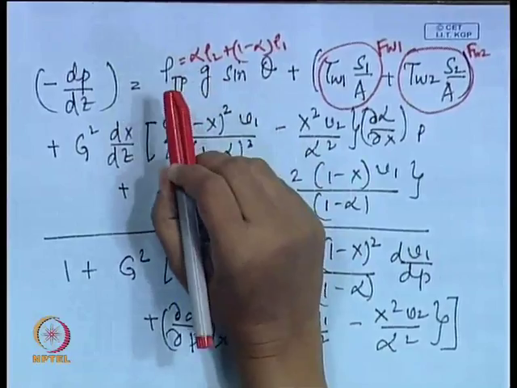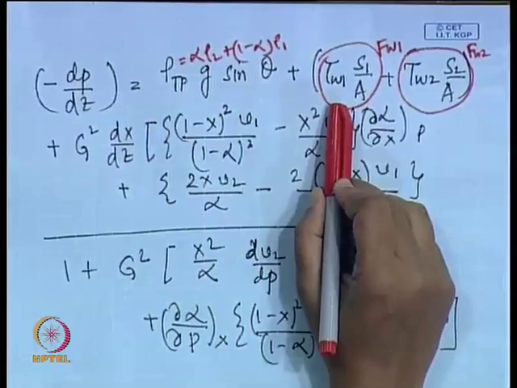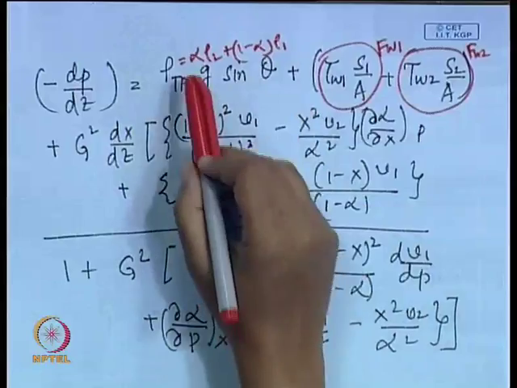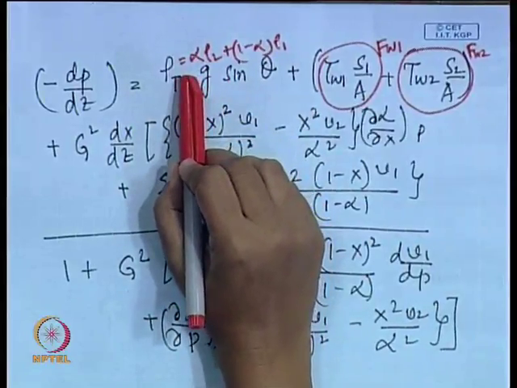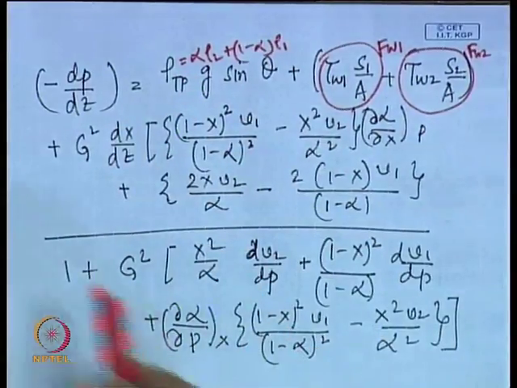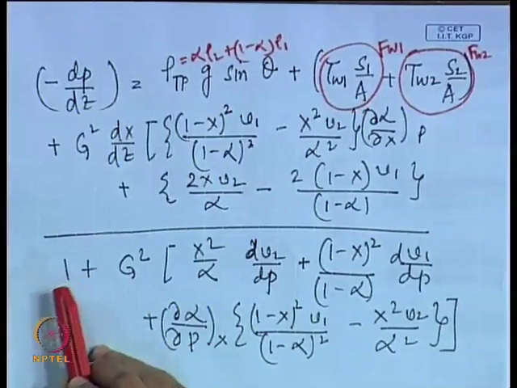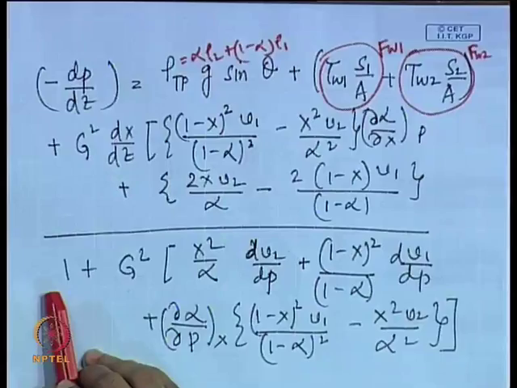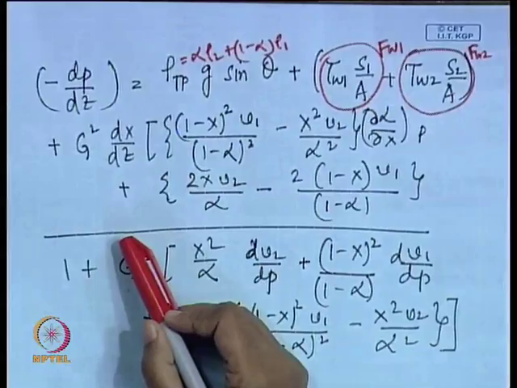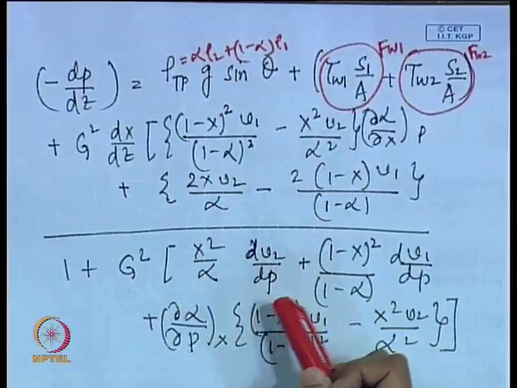So, we need methods to calculate the frictional pressure gradient component of the total pressure gradient expression, and we also need some expressions to find out the void fraction. Apart from this particular equation, in order to find out the pressure gradient, we need two additional equations, one for frictional pressure gradient and one for void fraction. And of course, we also need relationships between the thermodynamic properties and so on.